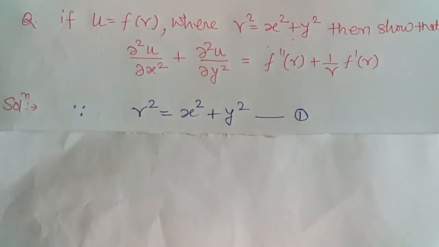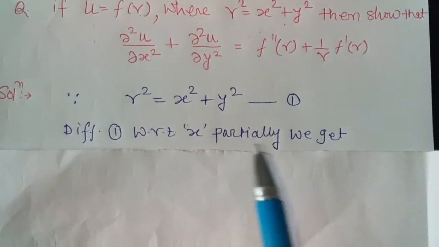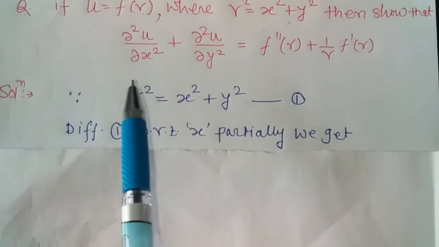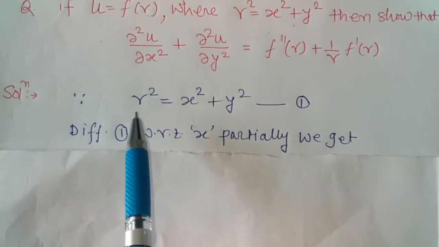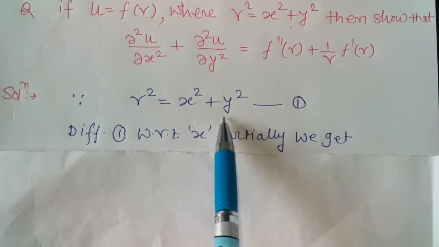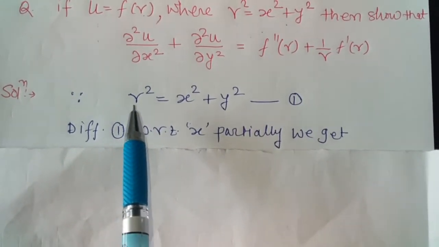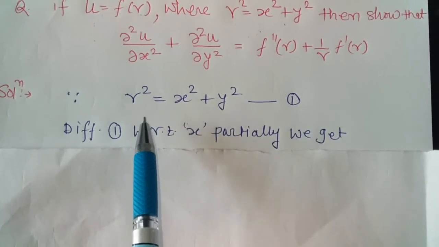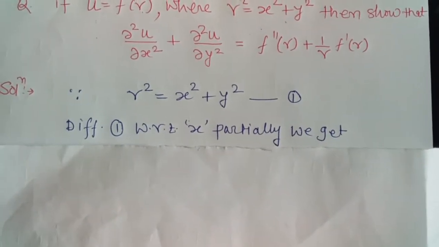Now we differentiate the first equation with respect to x partially. So here r is the dependent variable and x and y are independent variables, and we are going to differentiate r square with respect to x partially.